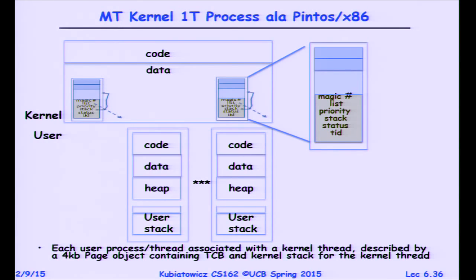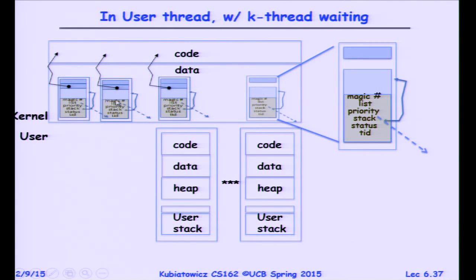All right, and I will point out, what is this magic number good for? Well, this is so you can have some hope of maybe detecting when your stack is overflowed during debugging, but you can imagine how good that is. Okay, and of course the stack pointer points into this actual page. So this is what a thread kind of looks like in the kernel. And this list sort of links together everybody else that's in the kernel.